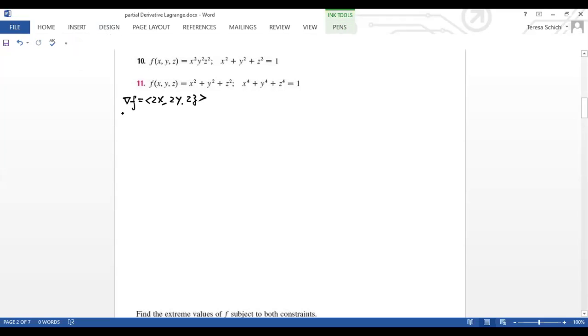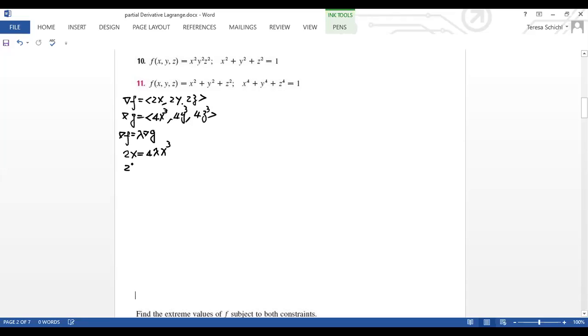Then the del g, as always, this is the constraint. Del g is 4x cubed, 4y cubed, and 4z cubed, correct? Okay, so now we do del f equal to lambda del g. Then I can get my first equation: 2x equal to 4 lambda x cubed, right?